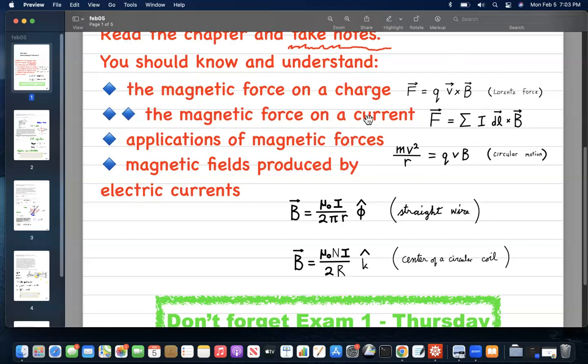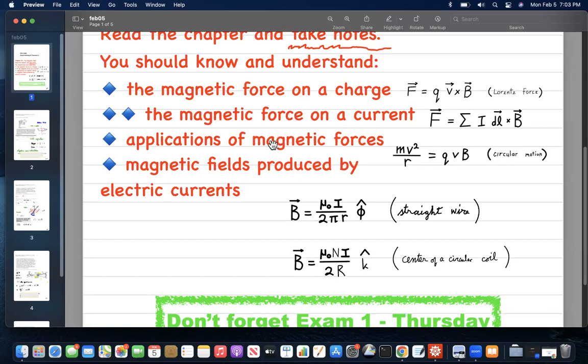The magnetic force on a current in a wire is given by dividing up the wire into many small lengths dl, and then replacing Q times v by I times dl. They have the same units. This is charge meters per second. This is charge per second times meters. So these would have the same units.